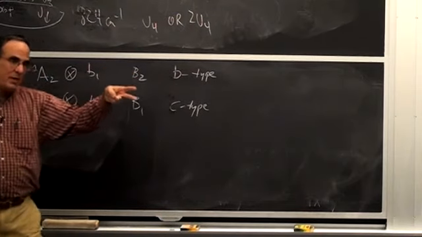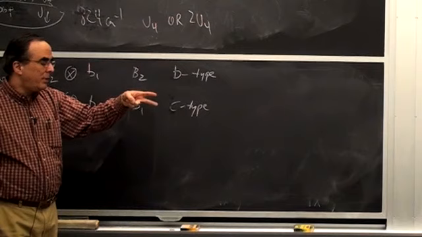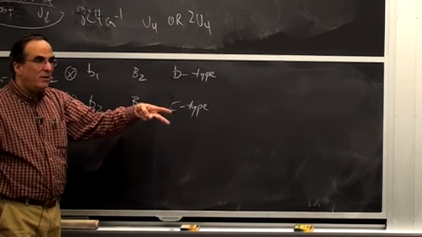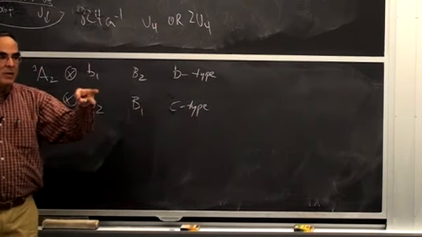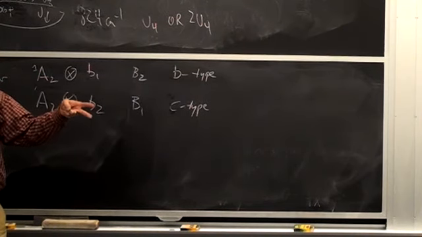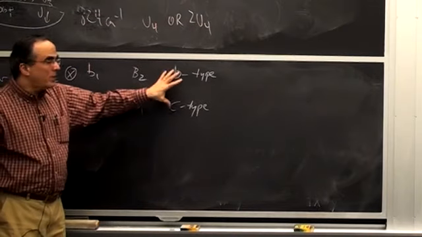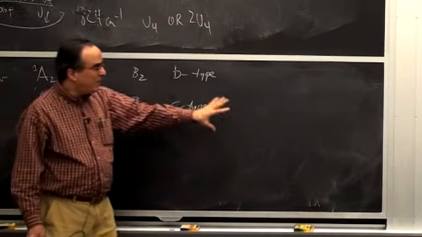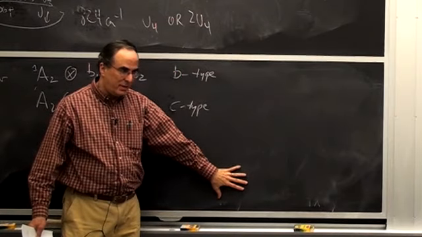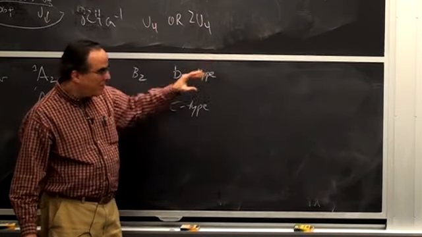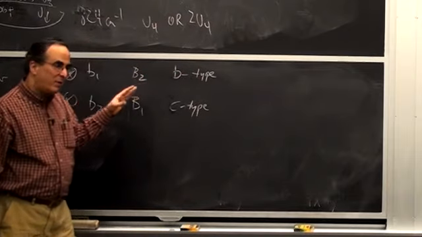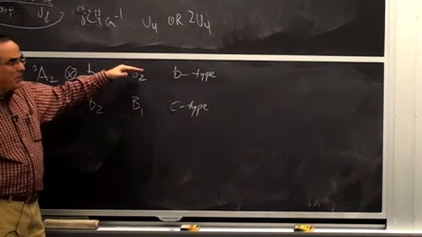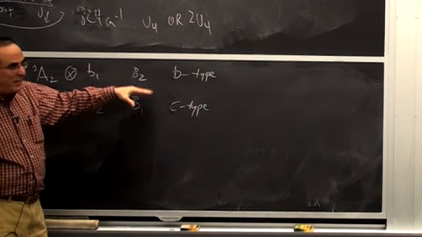And so the higher energy component is always the one where Ka plus Kc is equal to J. And so one can always tell by assembling a level diagram from knowledge of the lower state energy levels and combination differences.